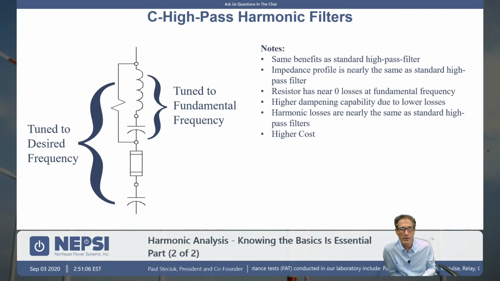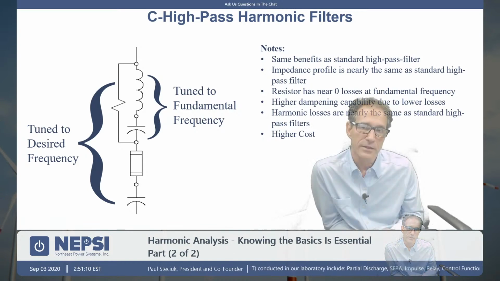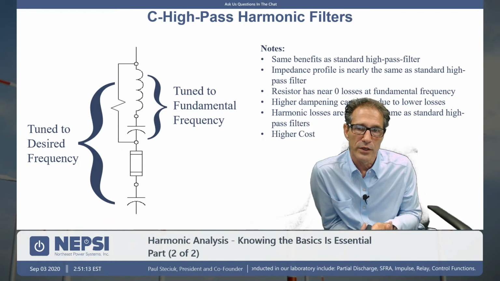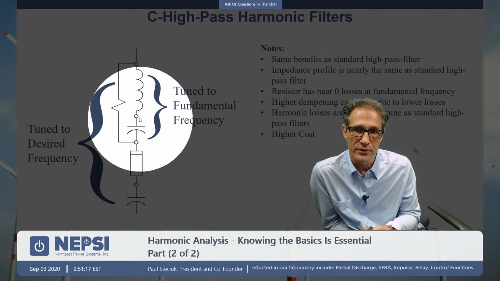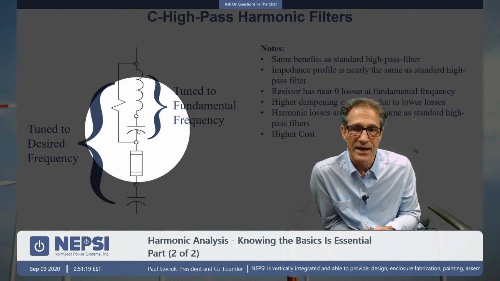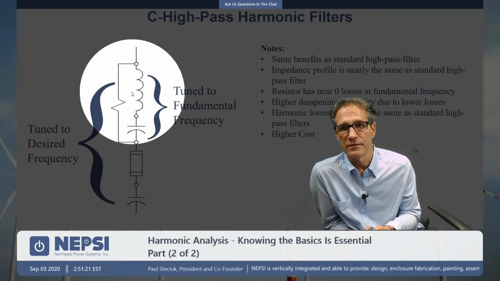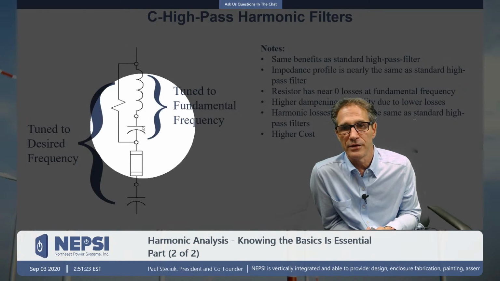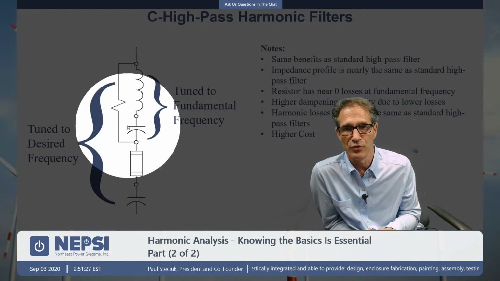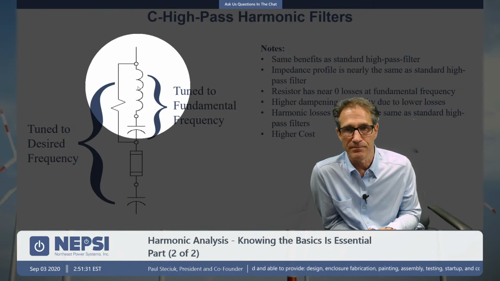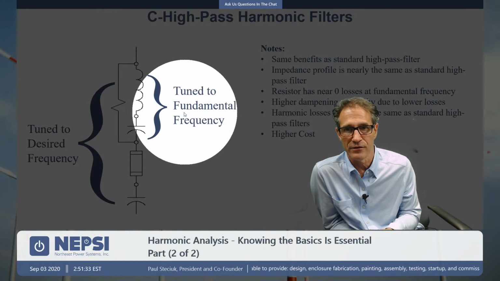So there's another type of filter called a C high-pass filter, and in this case, we've inserted a capacitor right here. The concept is that X of L and X of C are equal at the fundamental. So we choose a value of capacitance such that X of L equals X of C at the fundamental.